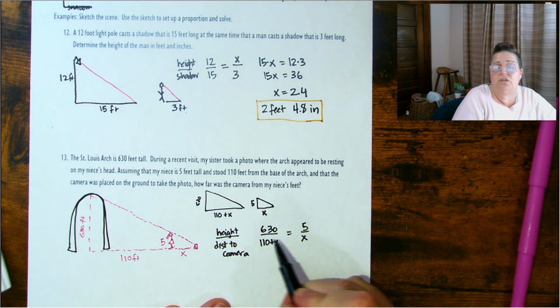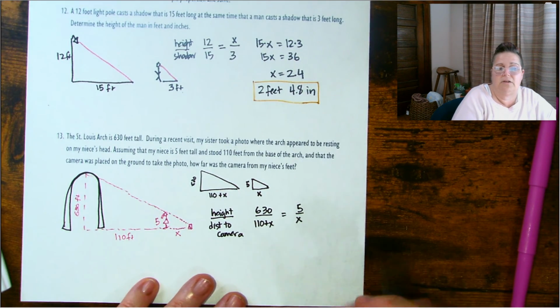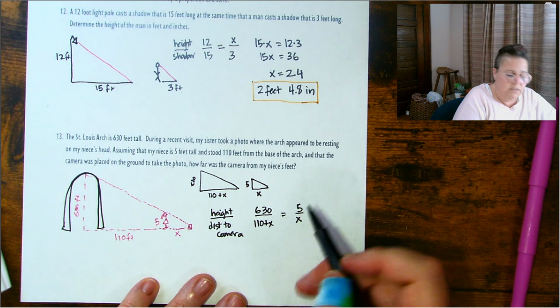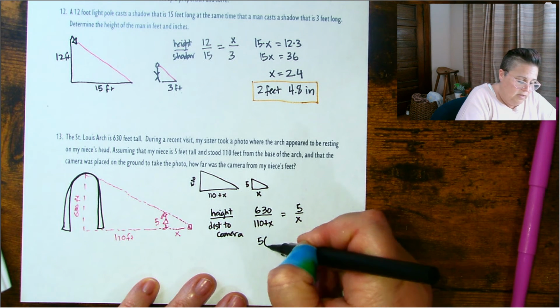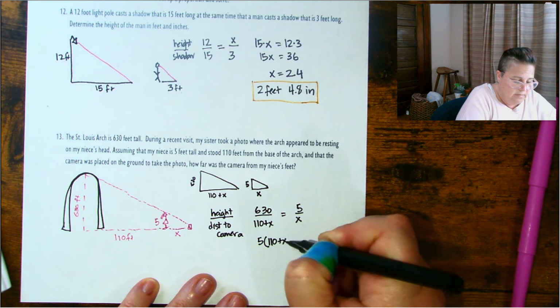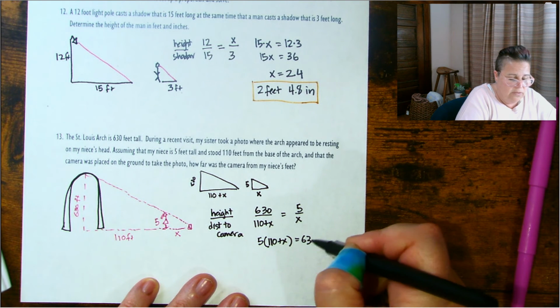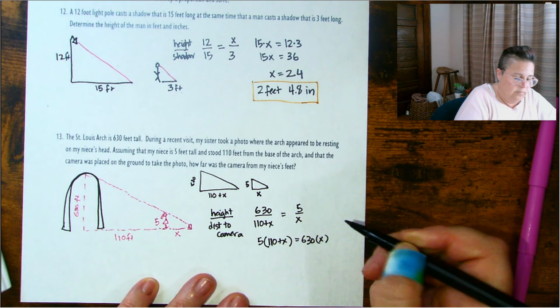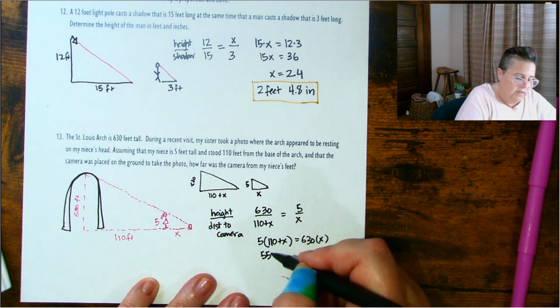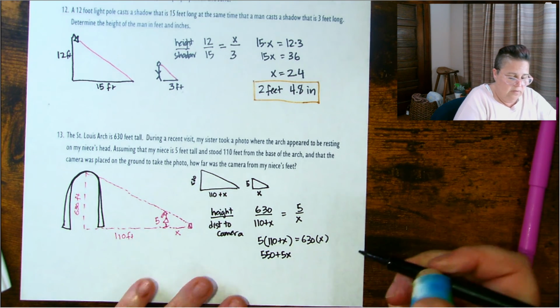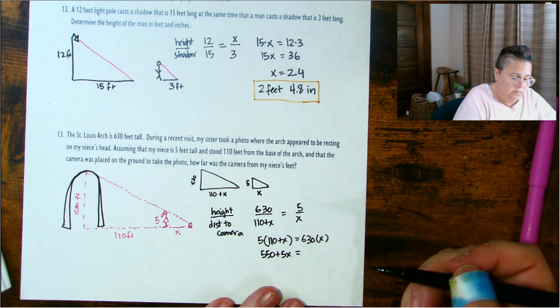I can still use the means extremes product theorem, meaning I can cross multiply. 5 times 110 plus x has to equal the product of the extremes, 630 times x. So 550 plus 5x has to equal 630x.